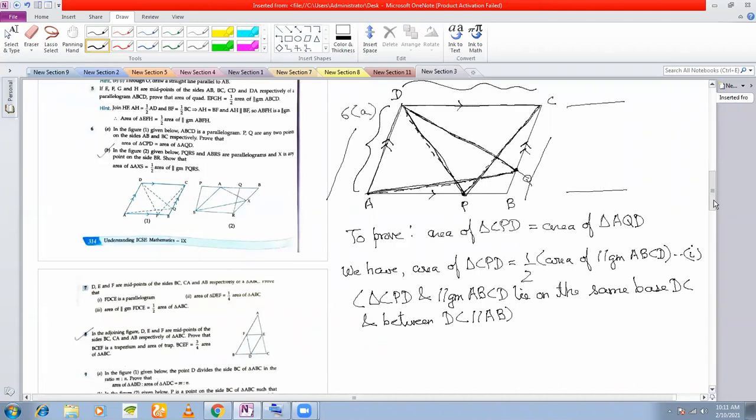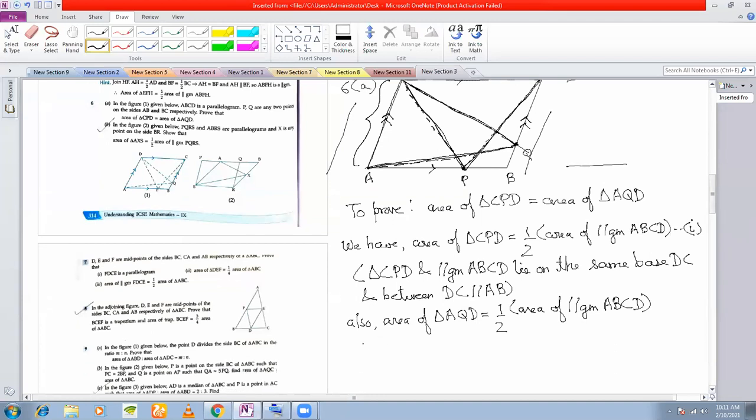Now we do the same thing for AQD. So also area of triangle AQD is equal to half area of parallelogram ABCD, for the same reason, but you need to mention the base and the parallel lines.